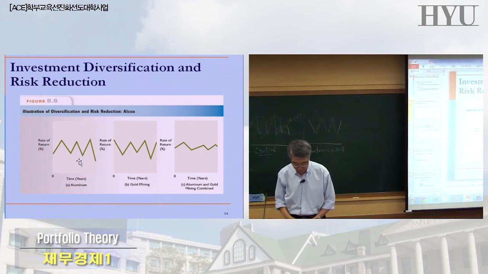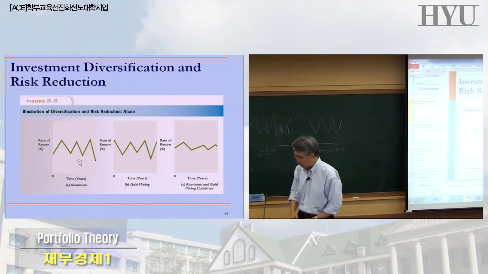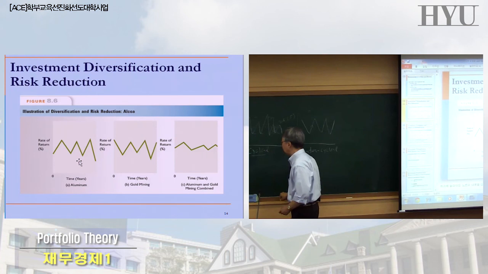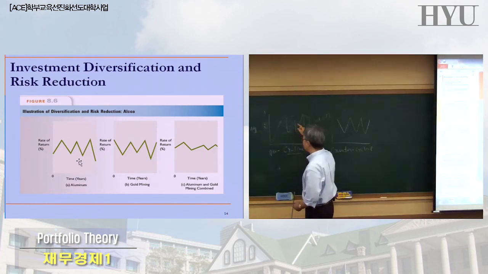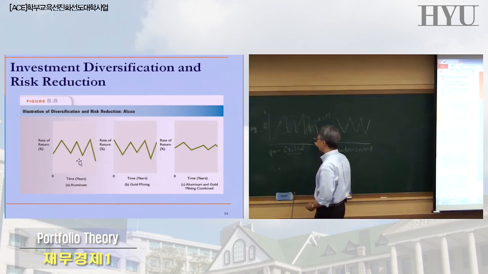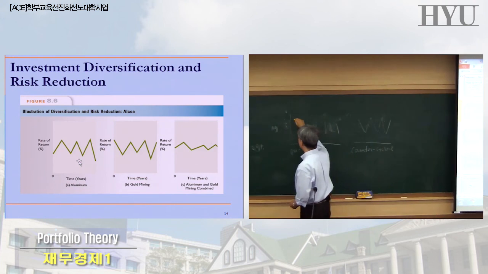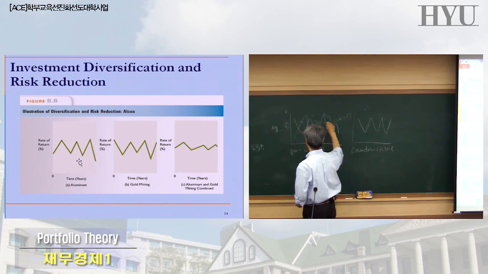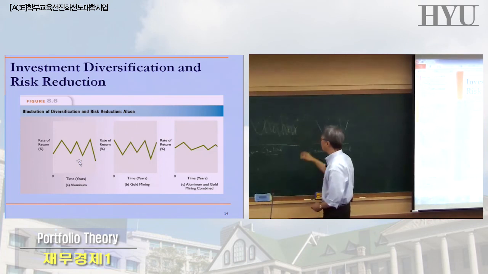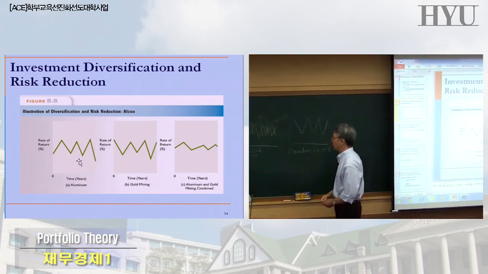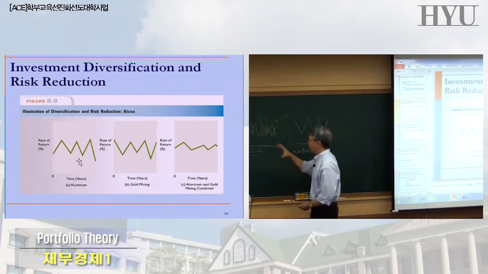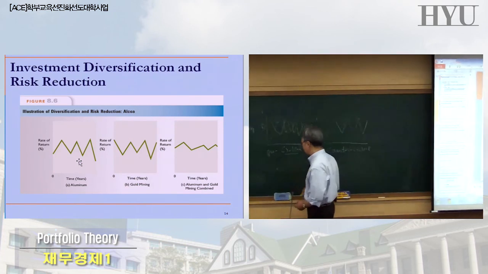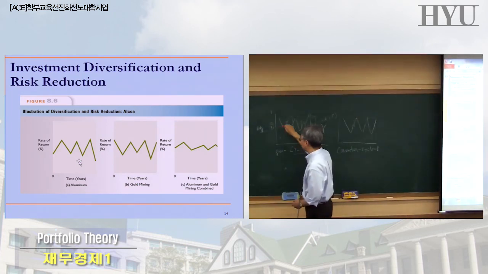So what happens if you put them together? If this is the return you expect from aluminum, and if the yellow line stands for gold, then when you add them up, the average can be pretty much stable.